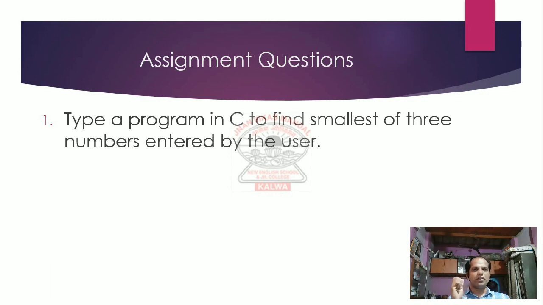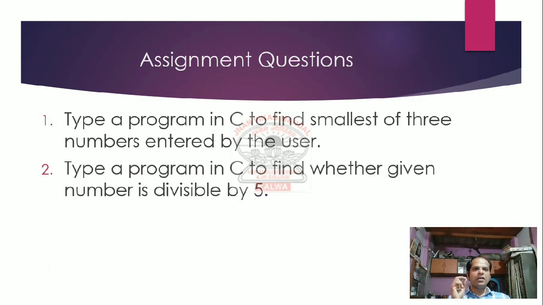Just think about that. Second question, type a program in C to find whether a given number is divisible by 5. This program also you can take logic from my program in which I showed how to find out odd and even. Remember, when you are finding odd or even, you are dividing the number by 2, and if it is coming 0, that means it is divisible.